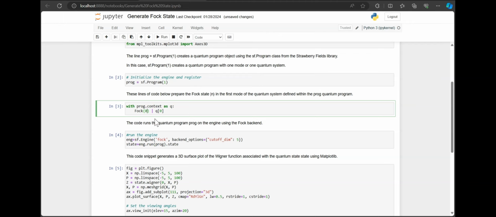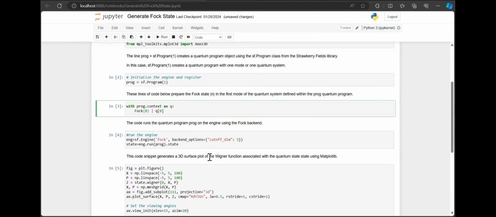Now we run the code on the engine using the Fock backend. So there are different backends. One is the Fock backend, the Gaussian backend, and there is quantum hardware. I'll come to it. So if you want to work with Fock states, we need the Fock backend.